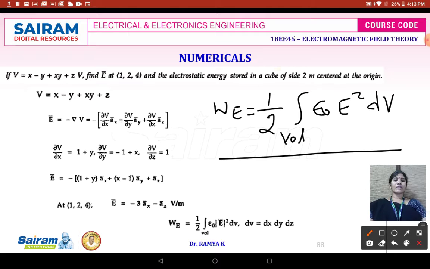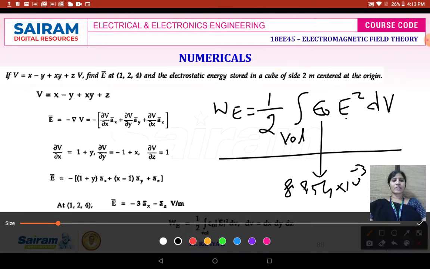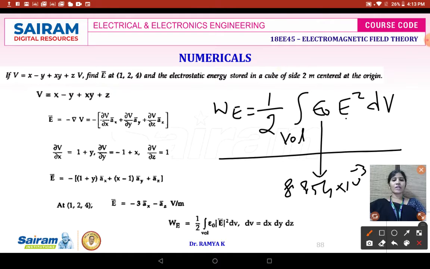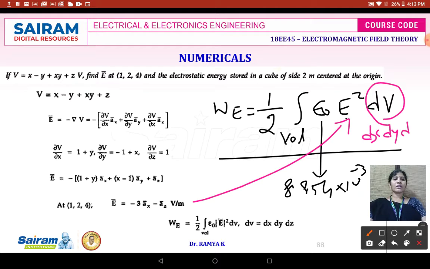The value of epsilon naught is 8.854 into 10 to the power of minus 12. It is a constant, and E is the electric field intensity, which we have already found and can substitute over here. dV is your differential volume element, which is dx, dy and dz.